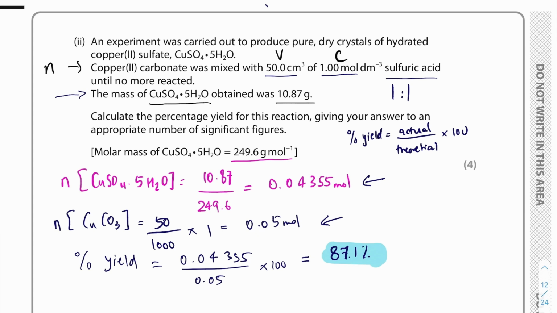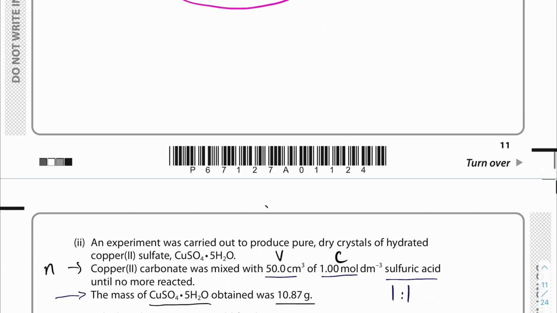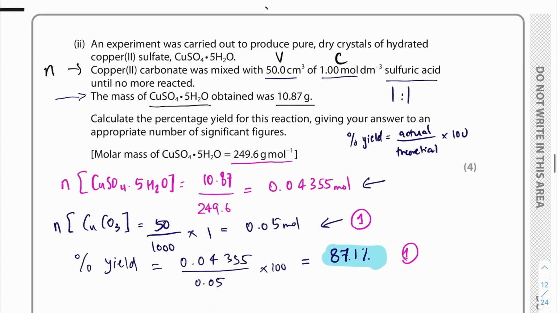So what are the marks here? 1 mark for the final answer, and I'll go over again what we did. This is the mole that we should get for copper sulfate, because it's also 1:1 here. This is the amount of moles we should get, 0.05 moles. But we end up with our actual, which is 0.04. This is our theoretical.